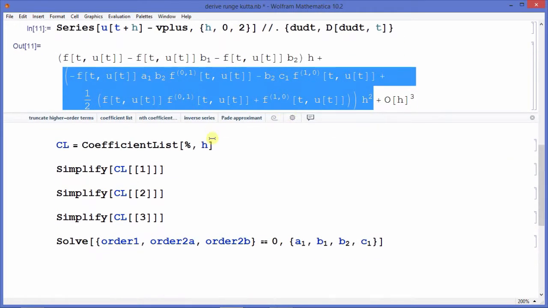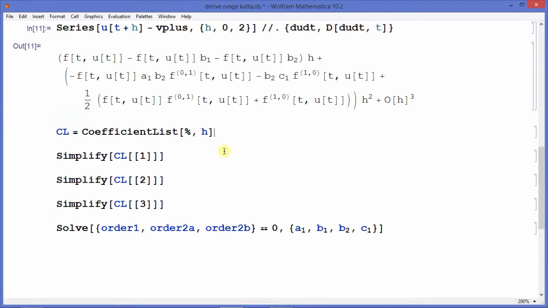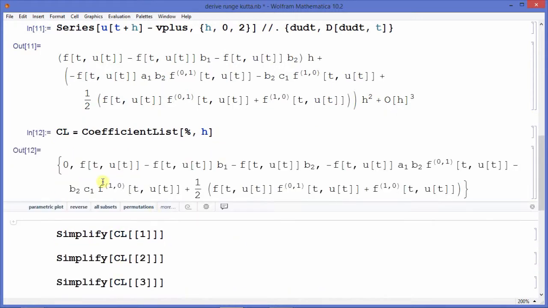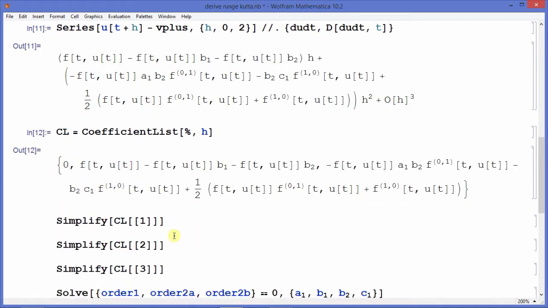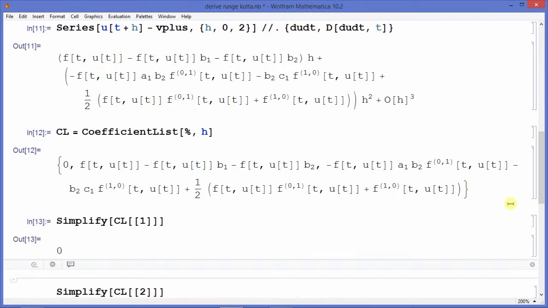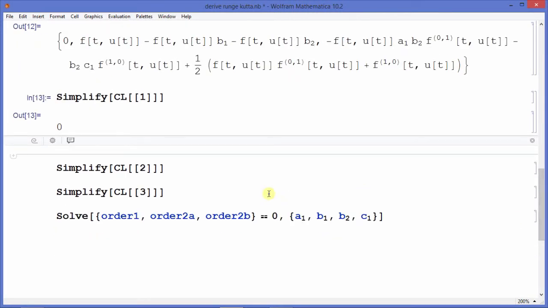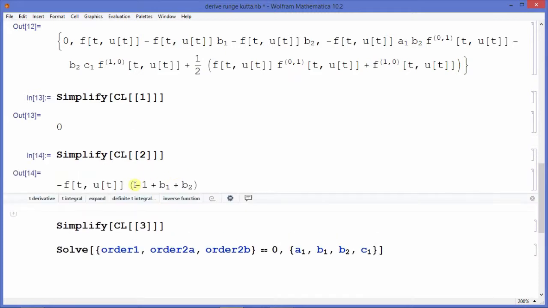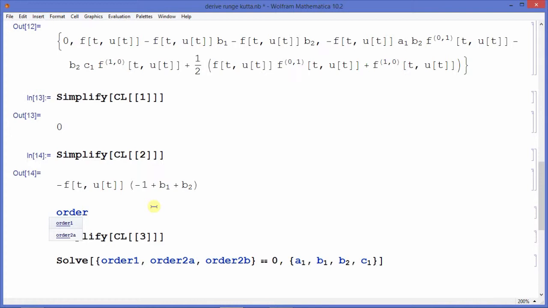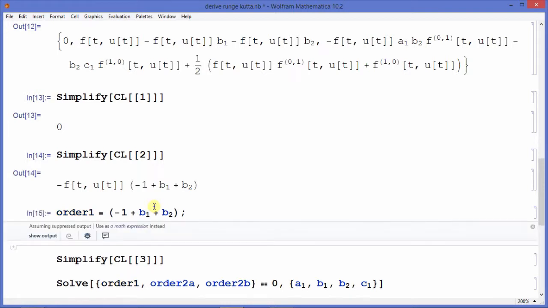So what I'll do is peel off the coefficients of different powers of h. The coefficient of h to the 0 is 0, so I don't need to do anything. That's already taken care of. The coefficient of h to the first power is that. If I make this equal to 0, then I will have satisfied that that term is equal to 0. So let me set up an expression for that.